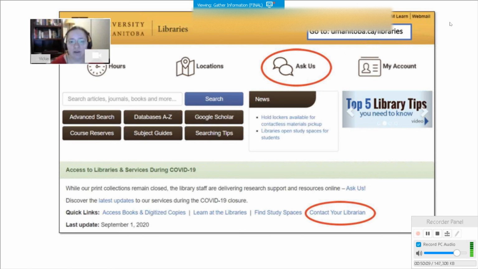So for every subject area, there is a specific librarian to help students in that particular area of study. So this is a librarian who knows a lot about those specific courses in that department, faculty, the types of assignments students would get there, and have a really good idea of how to best support students in that discipline.